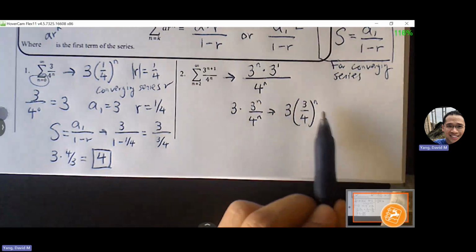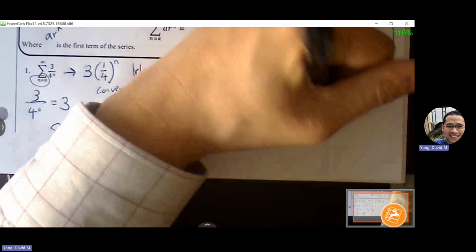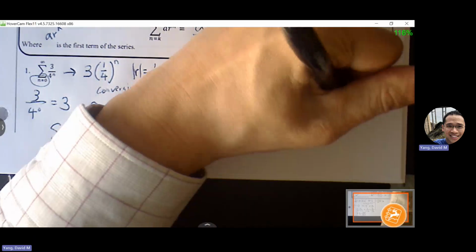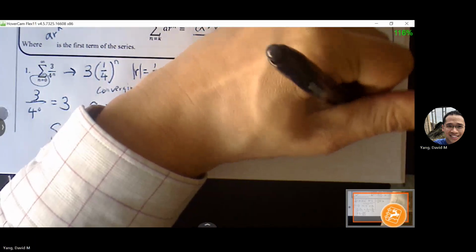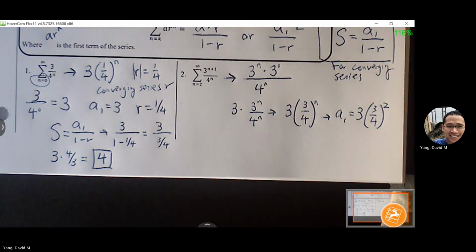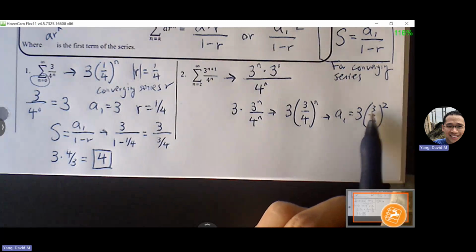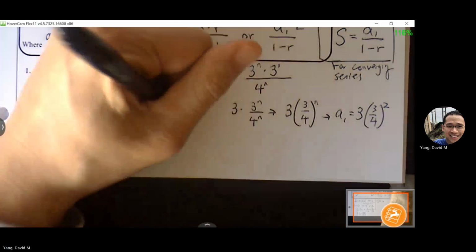If I'm going to plug in 2 for n, you can plug it into any of these variations. I'm going to do this last one here. So a sub 1 is 3 times 3/4 to the second power. So I get 9 times 3 is 27, 27 over 16. That's my a sub 1.